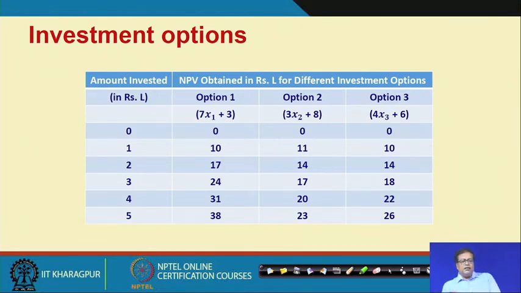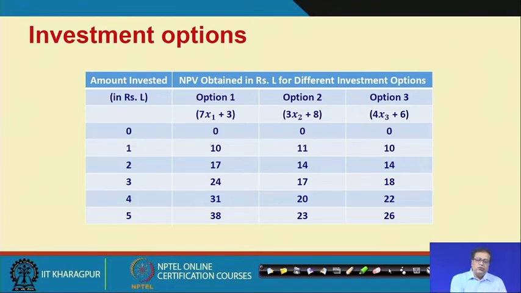What we have done here, we have computed based on the formula that is given to us, the amount invested, that could be 0, 1 lakh, 2 lakh, 3 lakh, 4 lakh or 5 lakh. Depending on that, for the 3 options, we have the net present value in rupees lakhs for the different investment options, which we have already obtained beforehand.